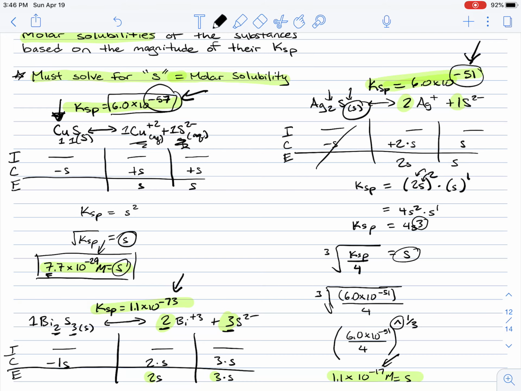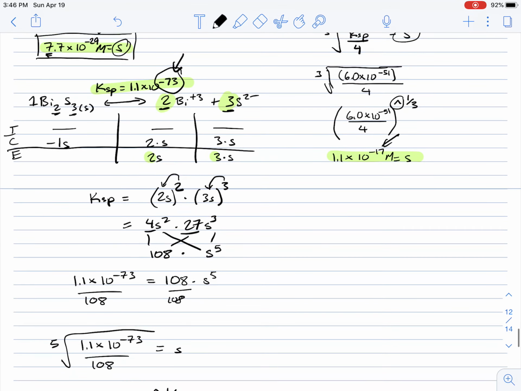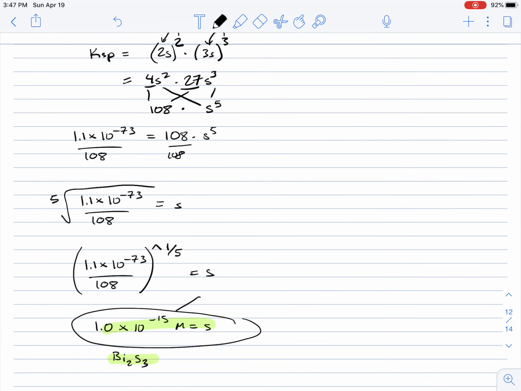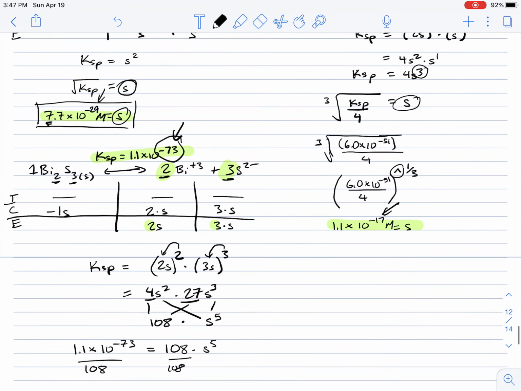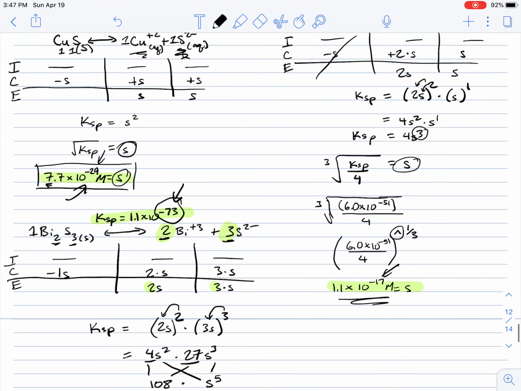And so if you look at the molar solubilities, it looks like Bi2S3 is the most soluble. It's times 10 to the negative 15, which is the highest value compared to 1.1 times 10 to the negative 17 and 7.7 times 10 to the negative 9.